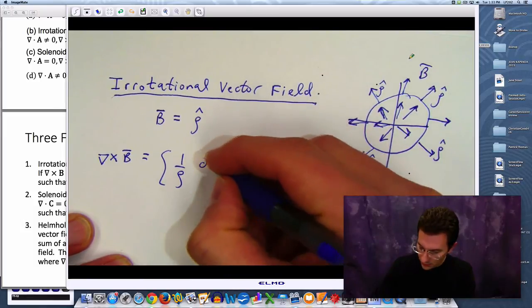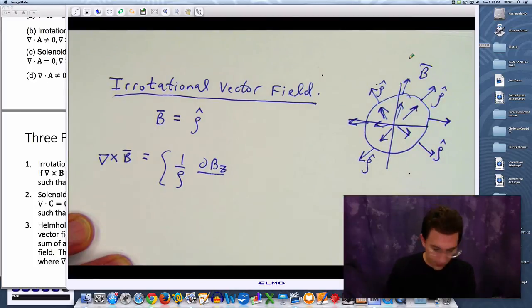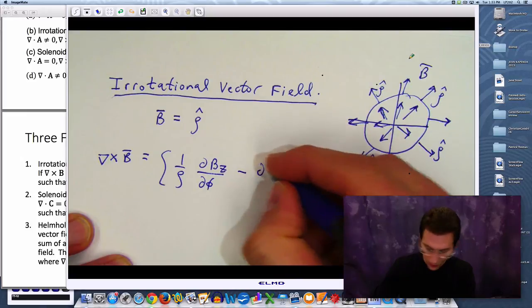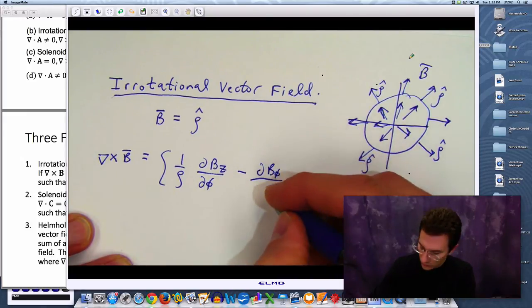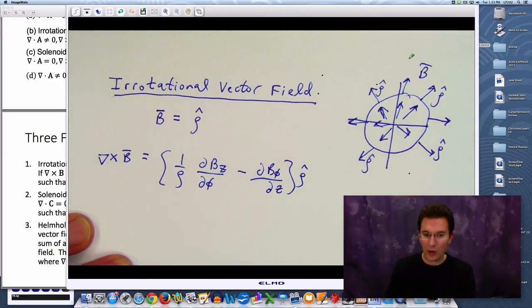1 over rho partial of the z component of B with respect to the phi direction minus partial of the phi component of B with respect to z. That's in the rho hat direction.